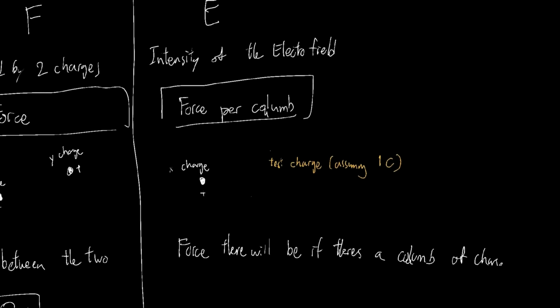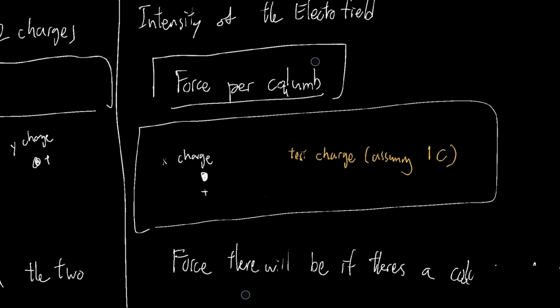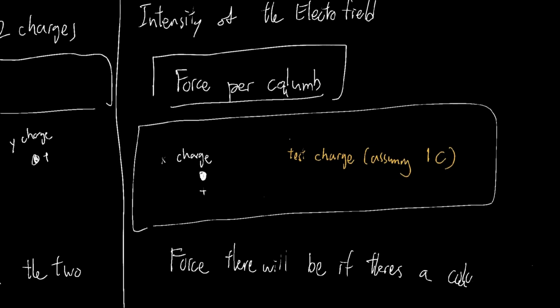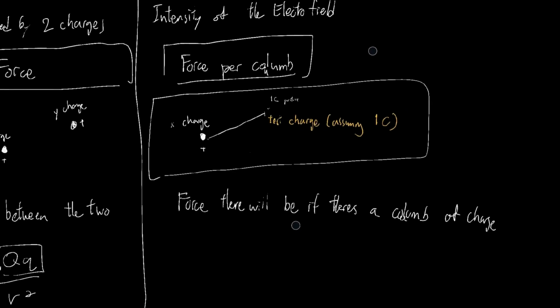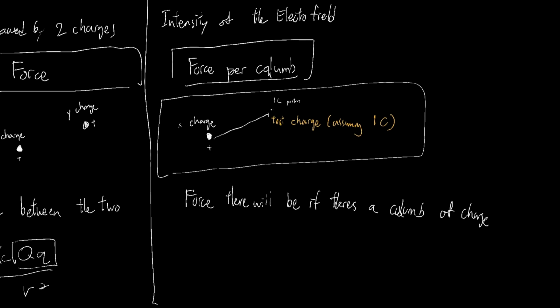As you can see in this drawing, you can imagine one of the charges being here, and the electric field strength referring to, let's say, a certain point here. If there's one coulomb of positive charge there, then what will be the force it receives? Therefore, this only takes account of one of the charges, and the equation will be kQ divided by r squared.